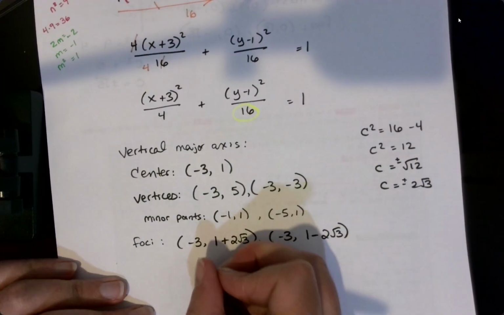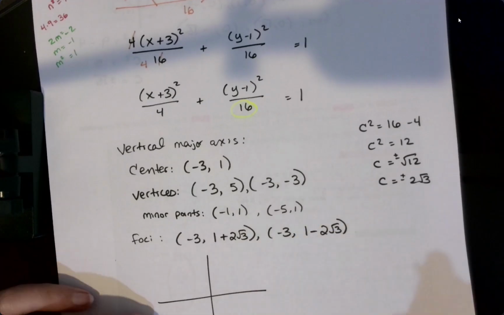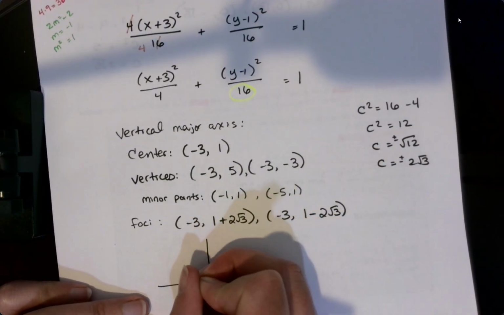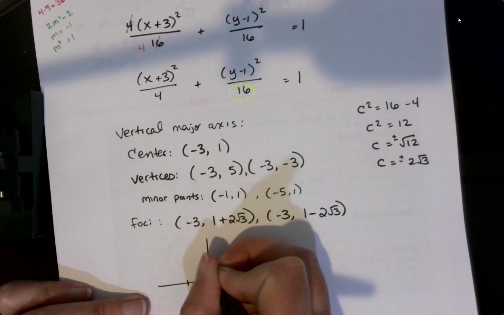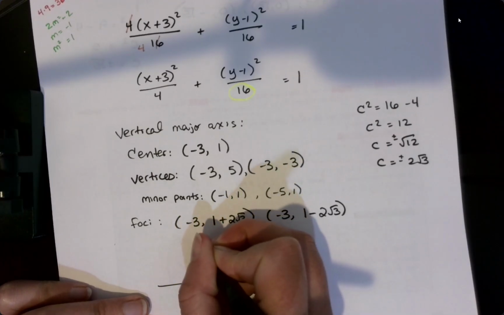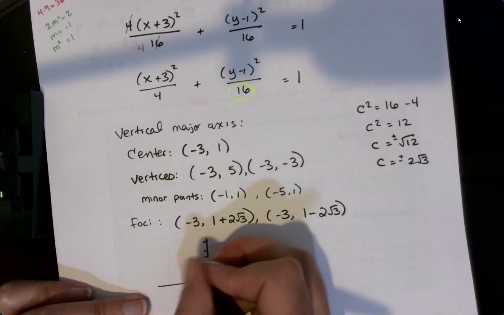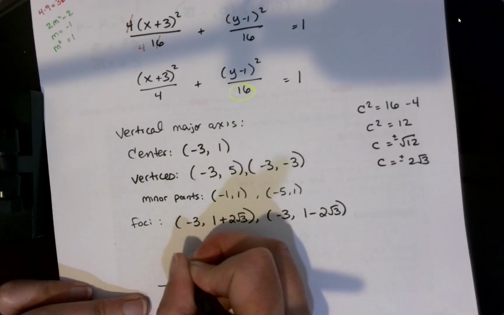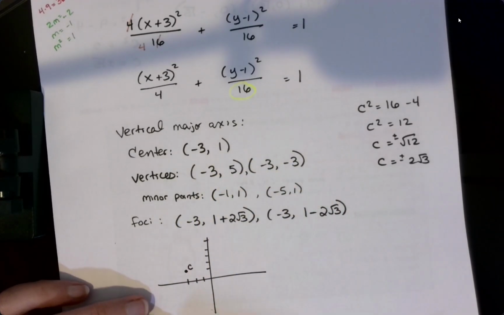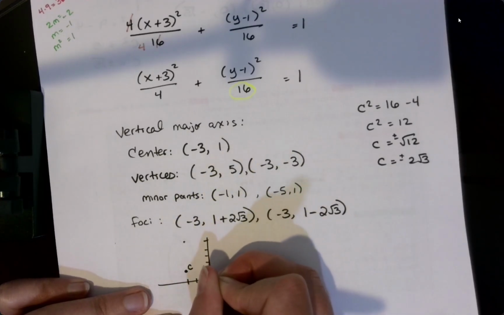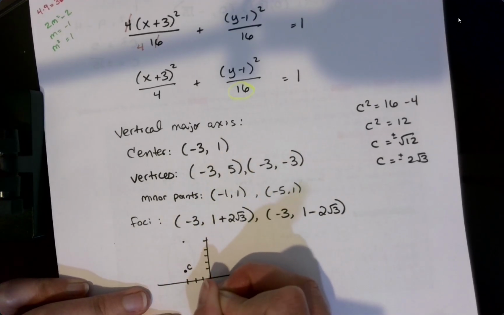Okay, then draw the graph. All right, the center is at -3, 5. No, -3, 1. I was looking at one of the vertices. -3, 1, that's my center. My vertices are at -3, 5, and -3, -3.